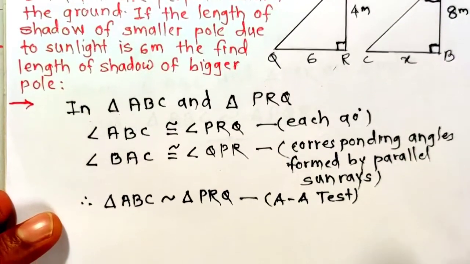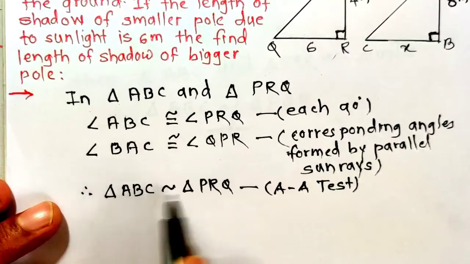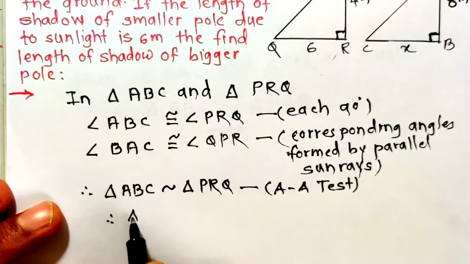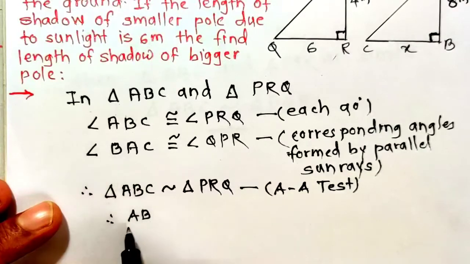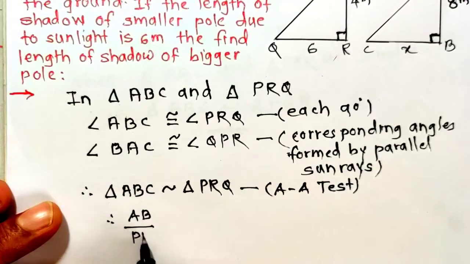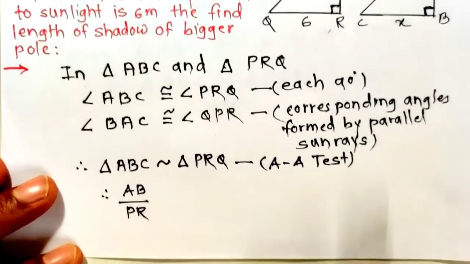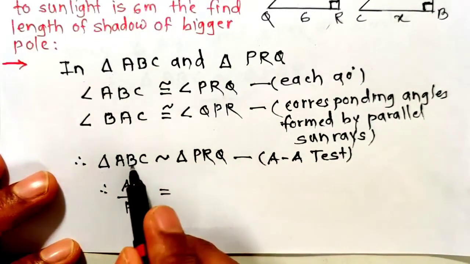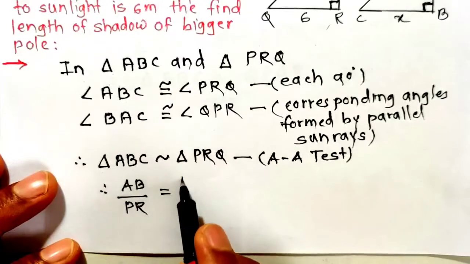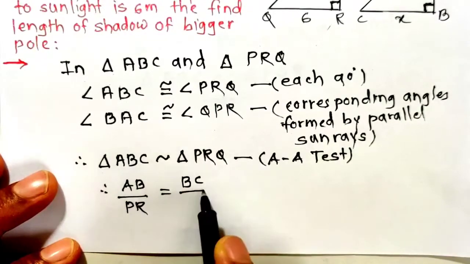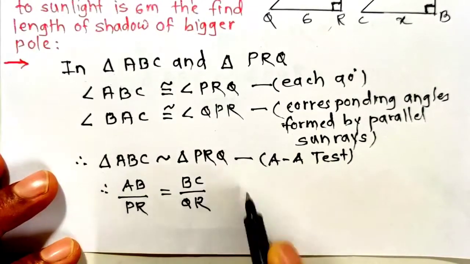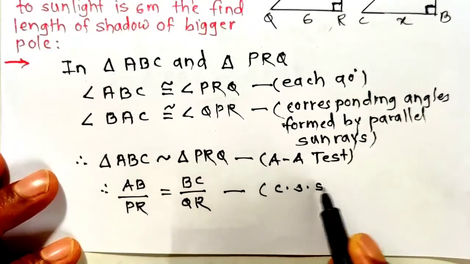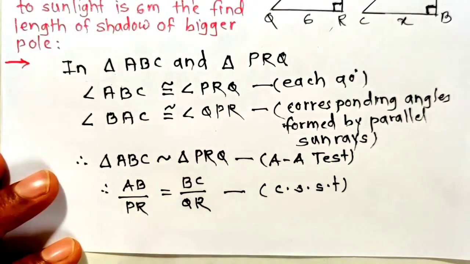So here the corresponding sides are AB and PR. Therefore AB upon PR is equal to the second pair of corresponding sides, BC upon QR, and the reason is corresponding sides of similar triangles, we can write CSST.